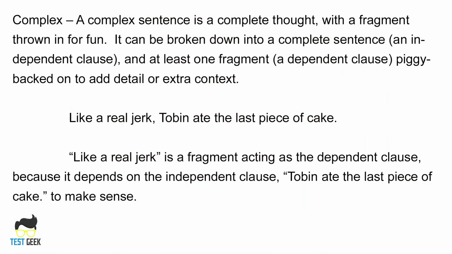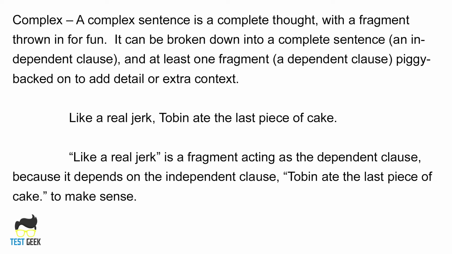A complex sentence is a complete thought with a fragment thrown in for fun. It can be broken down into a complete sentence, which is also called an independent clause, and at least one fragment, a dependent clause. Like a real jerk, Tobin ate the last piece of cake. So in this case, we can't say like a real jerk on its own. That's not a complete thought on its own, but it does give more context here, and it is what we call a dependent clause.